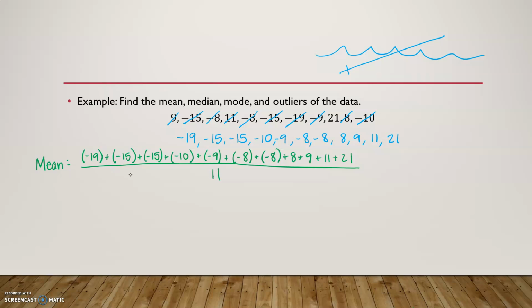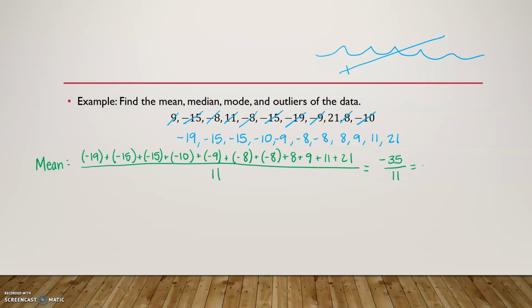All right, so on a problem like this, when it comes to adding all of those numbers together, let's go ahead and use a calculator, just because there are quite a few. We could do it without, but we're just going to go ahead and do this with a calculator. And I'm going to get negative 35 divided by 11. And when I do negative 35 divided by 11, I'm going to get a decimal.